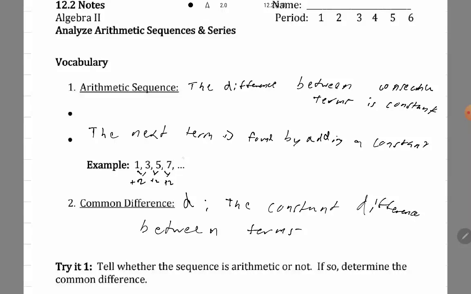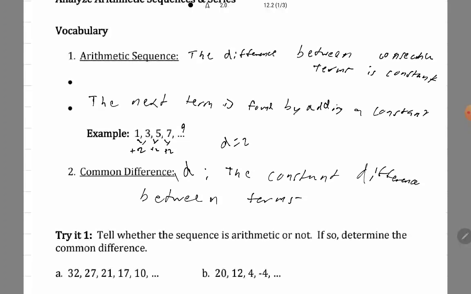If we wanted to find the next term, we would just add 2, which is 9. D is known as the common difference. In this case, D would equal 2, because we're adding 2 to each term. So it's arithmetic if the difference between each term is the same.